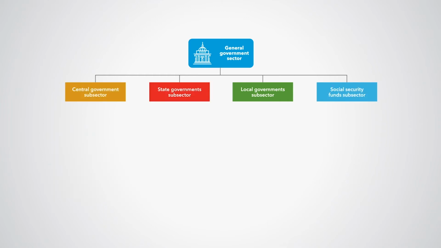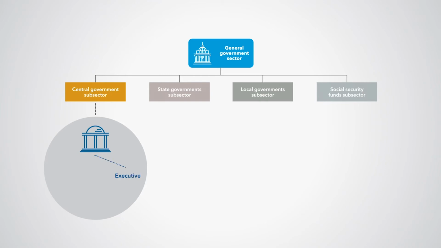In all countries, there is an institutional unit of the central government that conducts the fundamental activities of the national executive, legislative, and judiciary powers. Its revenues, as well as its expenses and expenditures, are regulated and controlled by a Ministry of Finance or its functional equivalent by means of a budget approved by the legislature.